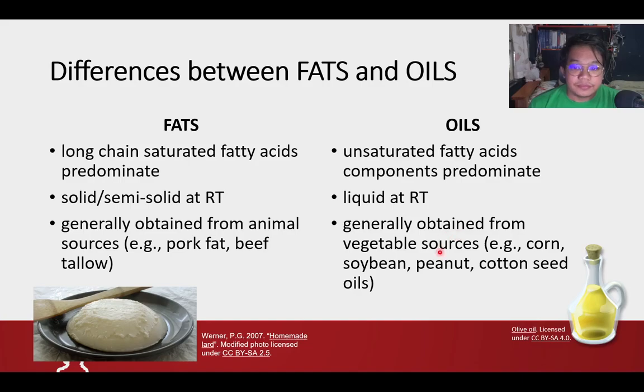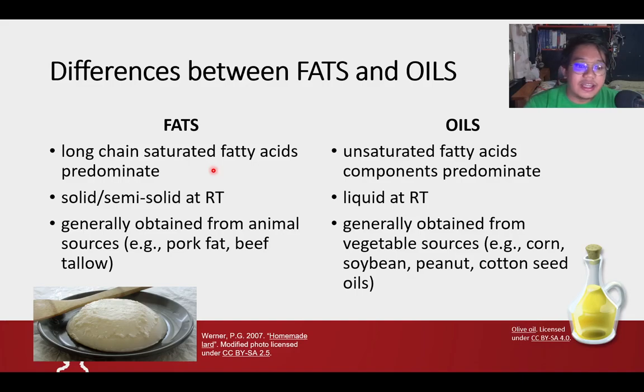Okay? So, what are the differences between fats and oils? In our fats, long-chain saturated fatty acids predominate. Okay? The major composition of fats is saturated fatty acid. And these are solid or semi-solid at room temperature.